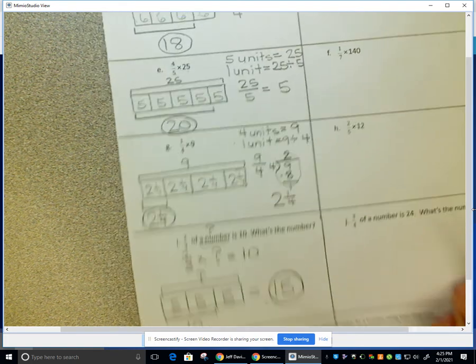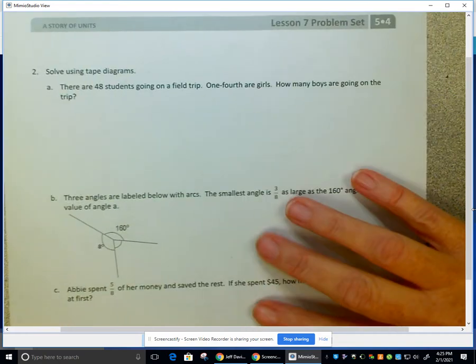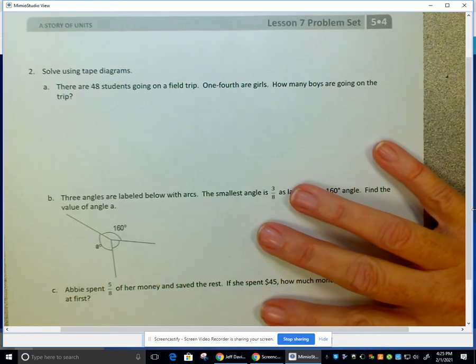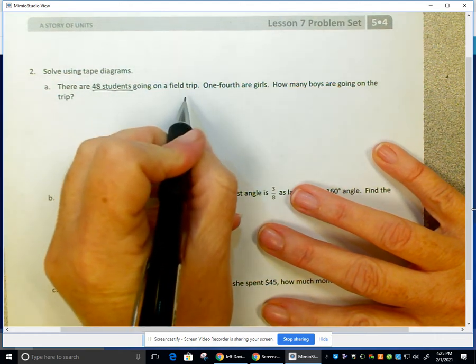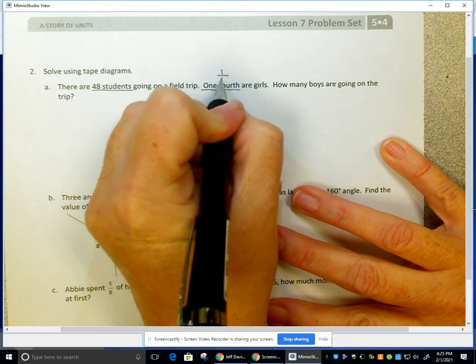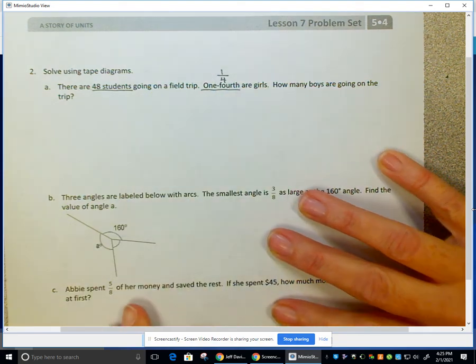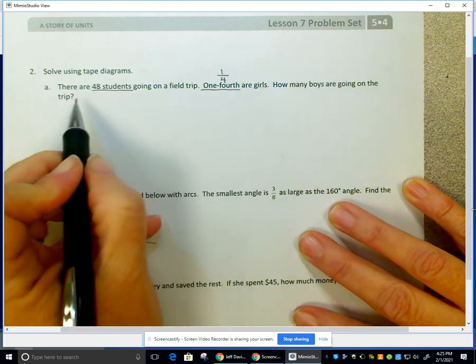All right, now let's turn over again. Sorry. Now we're still using our tape diagram. It says there are 48 students going on a field trip. 1/4 are girls. How many boys are going on the trip?